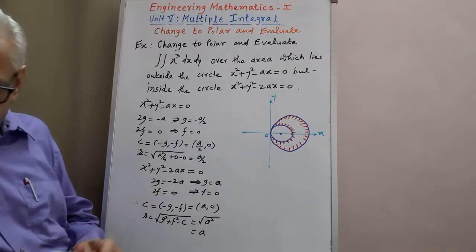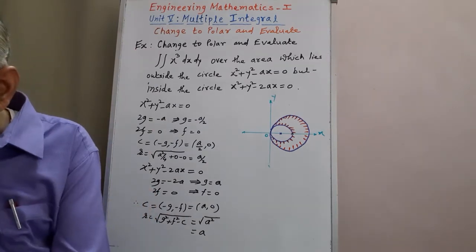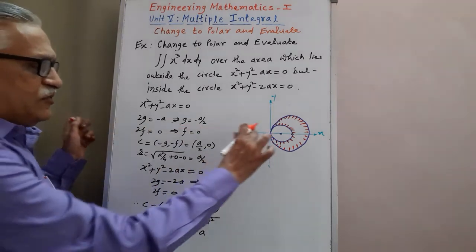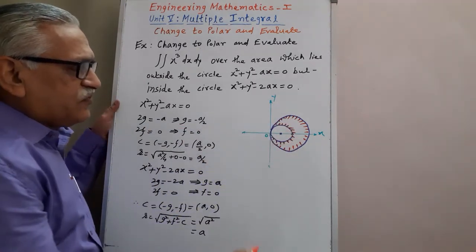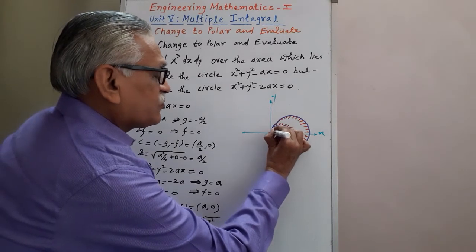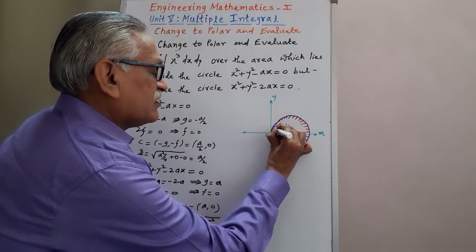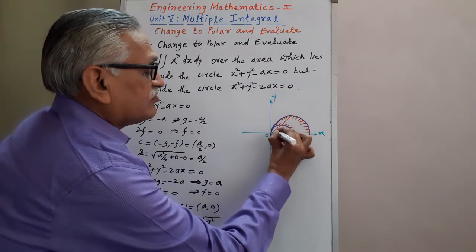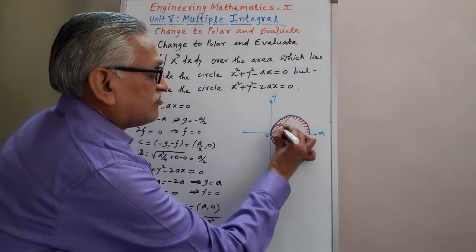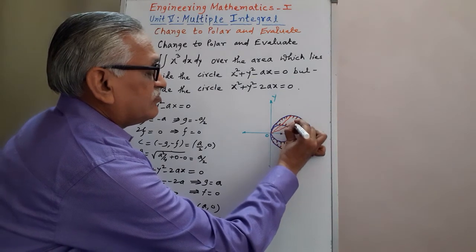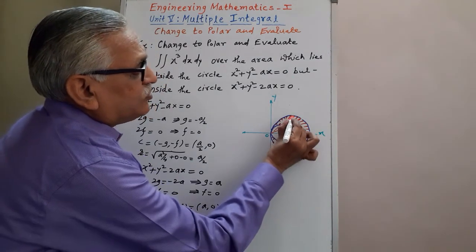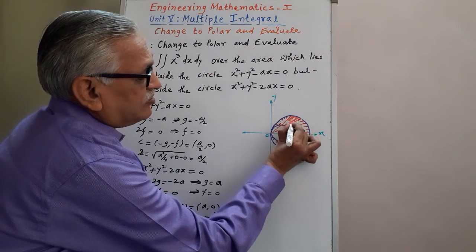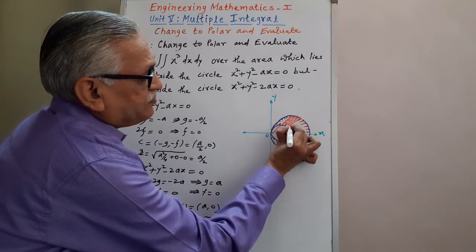Okay, and then making a strip, an elongated strip from the pole to that. Therefore, this much portion is not included as the region of integration. Here, I will show it by dotted line. Therefore, this is the elongated strip.